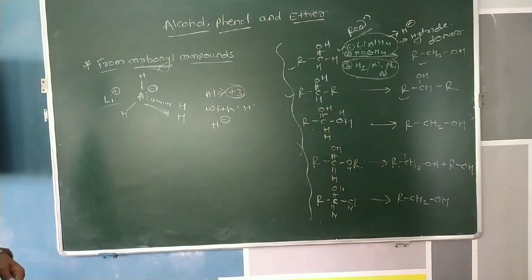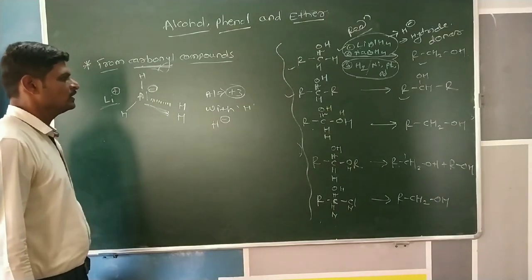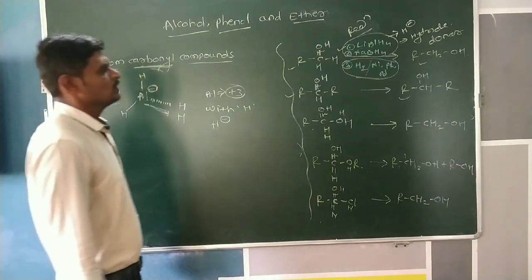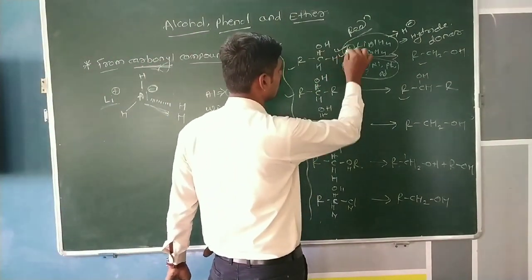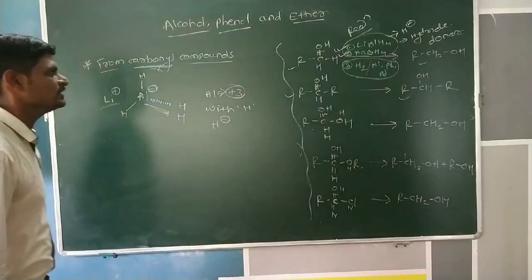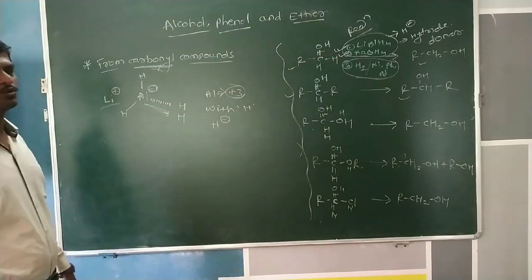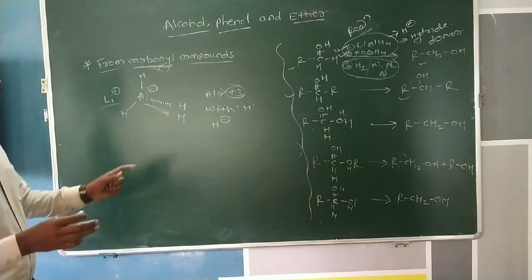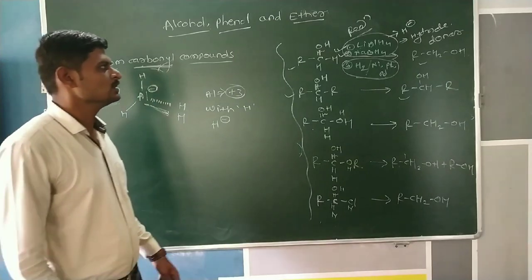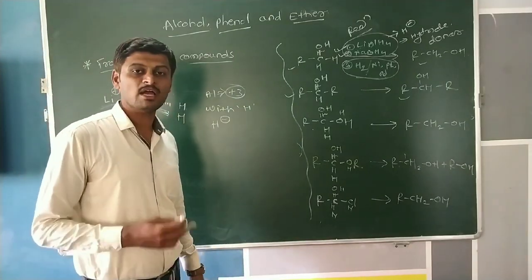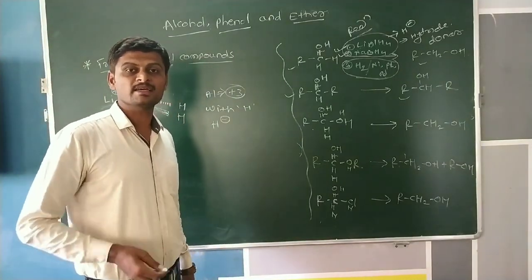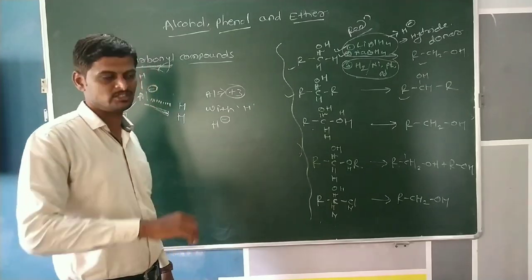By using this lithium aluminum hydride, we can convert the carbonyl derivatives into alcohol. But out of these two hydride donors, lithium aluminum hydride and sodium borohydride, lithium aluminum hydride acts as the stronger reducing agent.